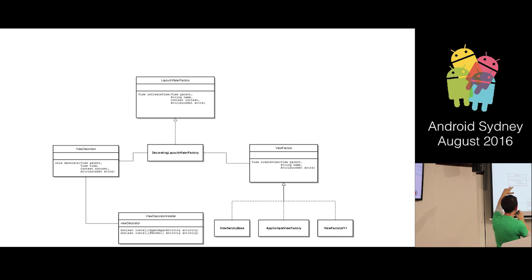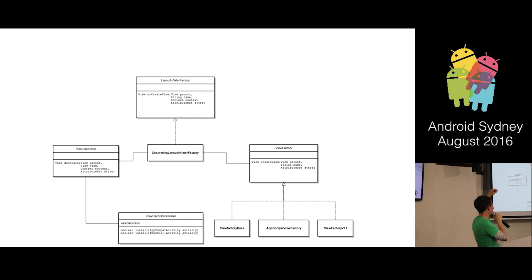So we have the LayoutInflater factory, which takes all the arguments to construct the views. There's a decorating LayoutInflater factory, which derives from that. And then we have a view decorator, and we have a view factory. The decorating LayoutInflater factory basically hijacks the layout inflation and defers to the view factories.